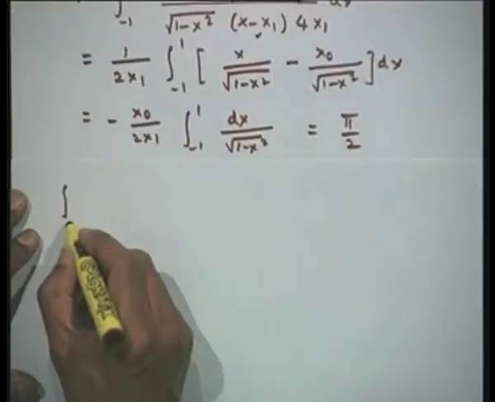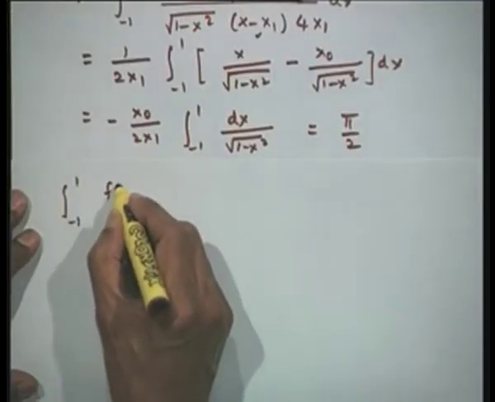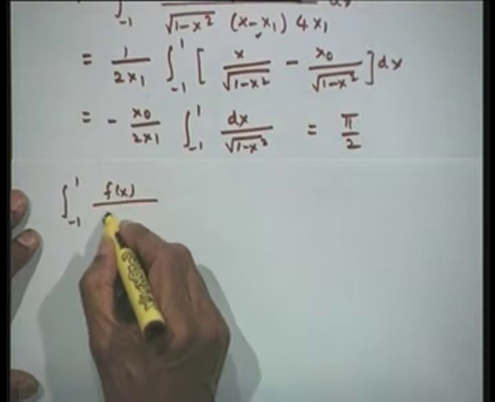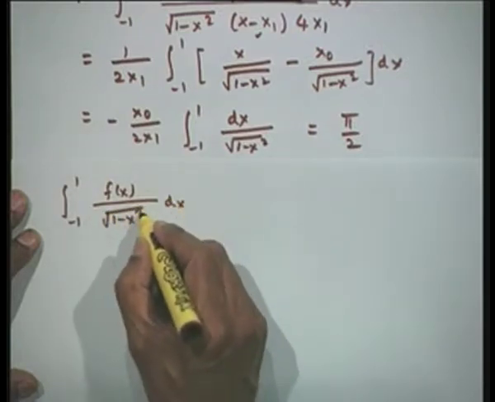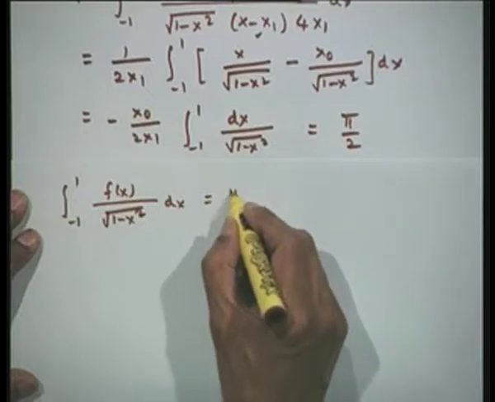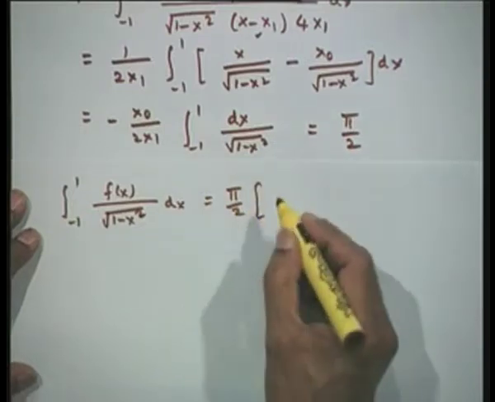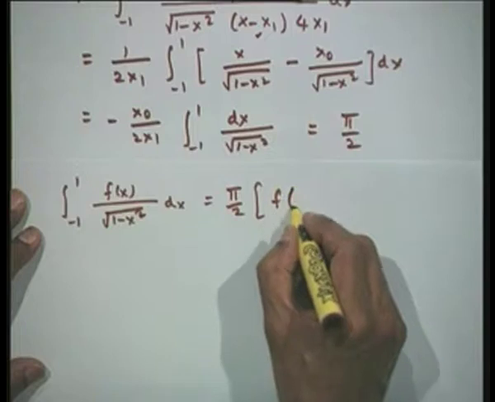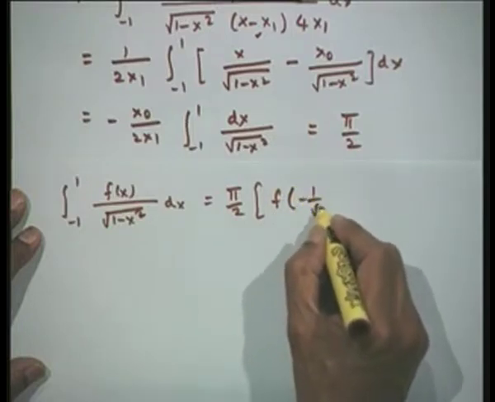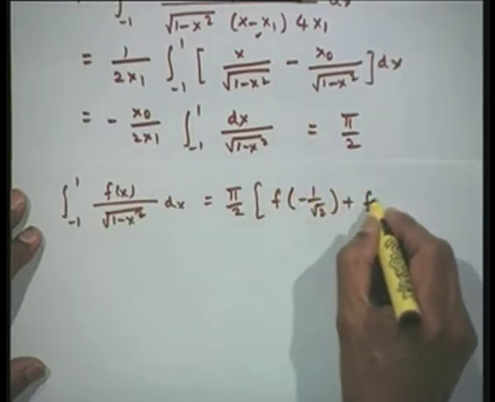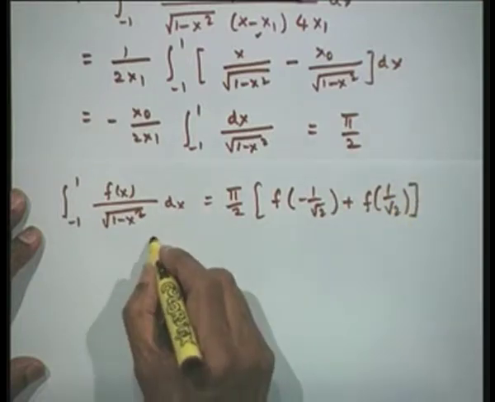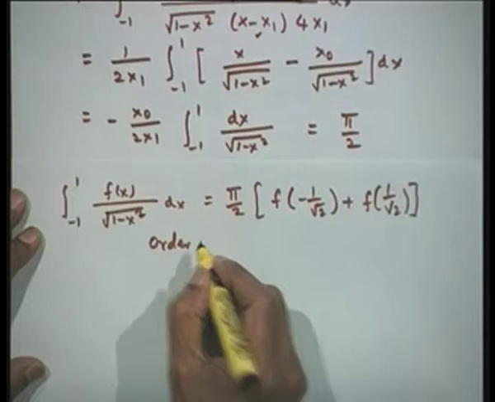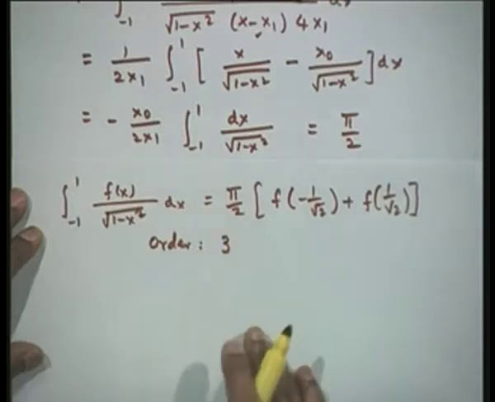Therefore we are in a position to write down the formula. The formula is: integral from minus 1 to 1 of f of x upon under root 1 minus x squared dx is pi by 2 into f of minus 1 upon root 2 plus f of 1 upon root 2, and the order of the formula is 2n plus 1, that is equal to 3.